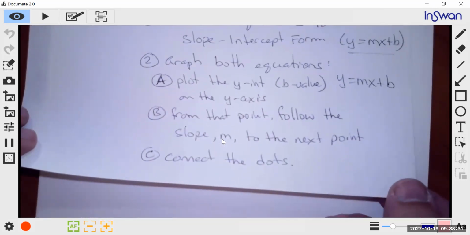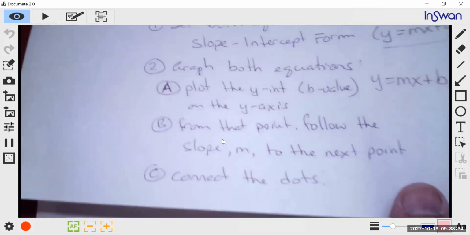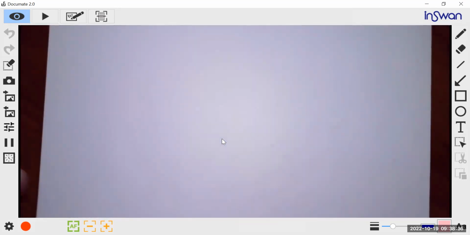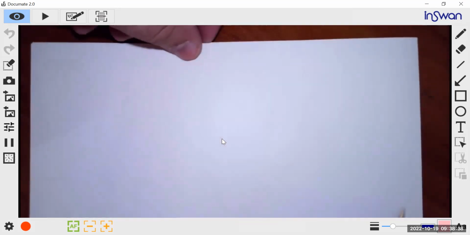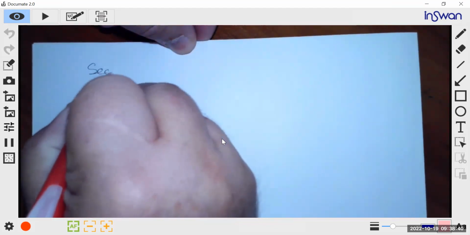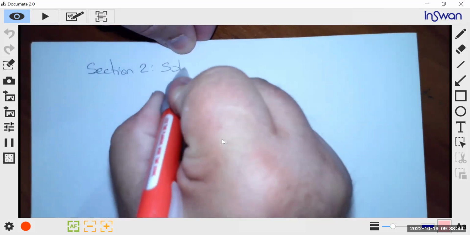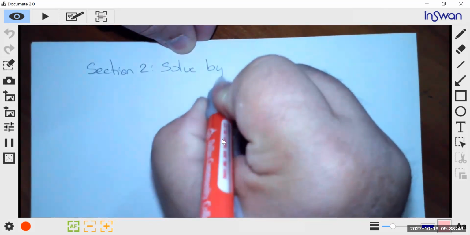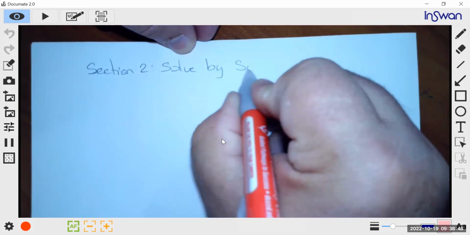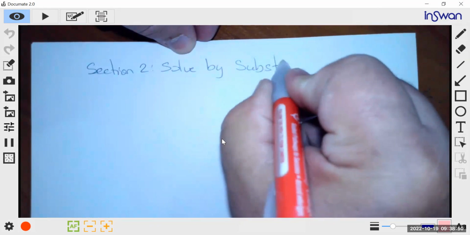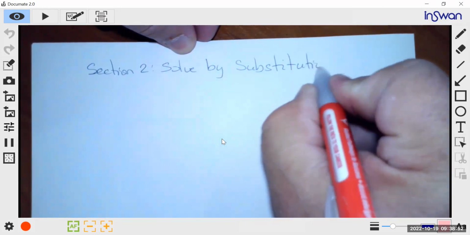All right, section 2. Solve by substitution.